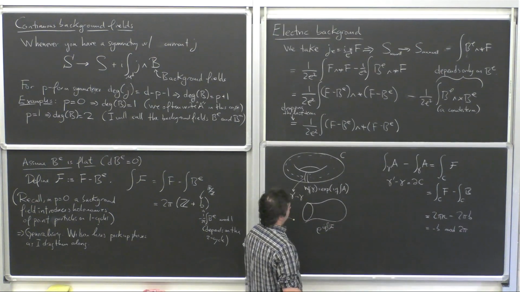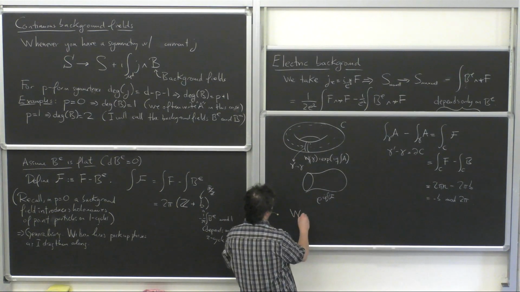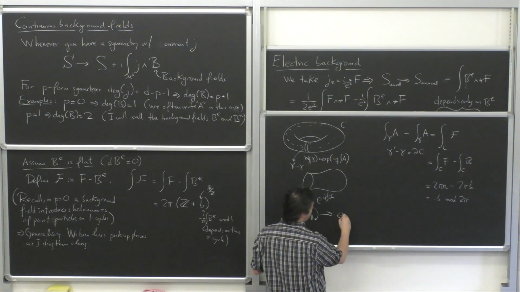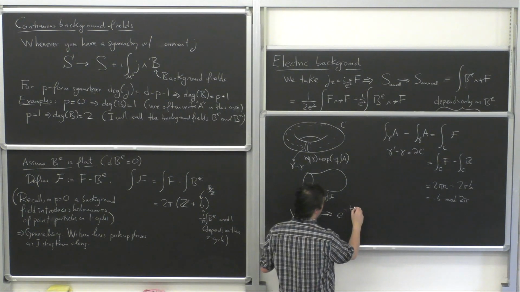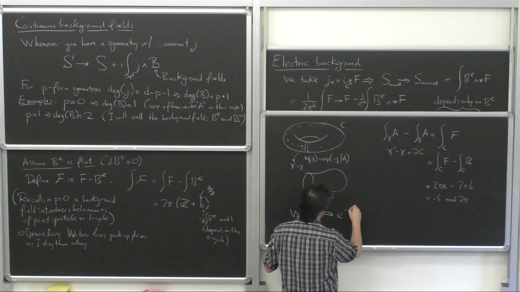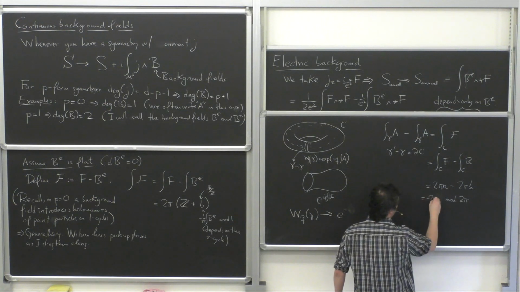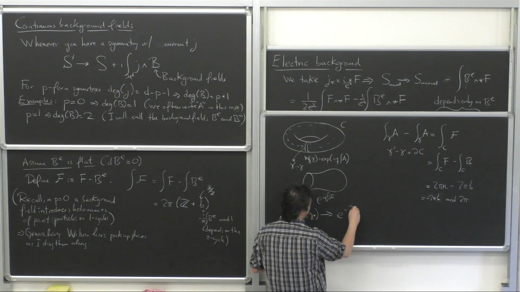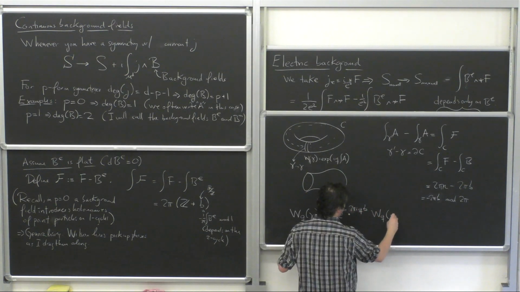In other words, the holonomy, or the action on the Wilson line, is that you go to the Wilson line times e to the minus 2 pi i q b, omega q in gamma.